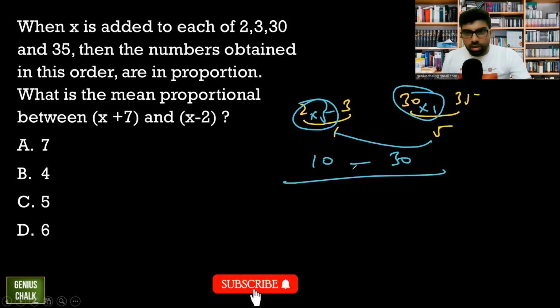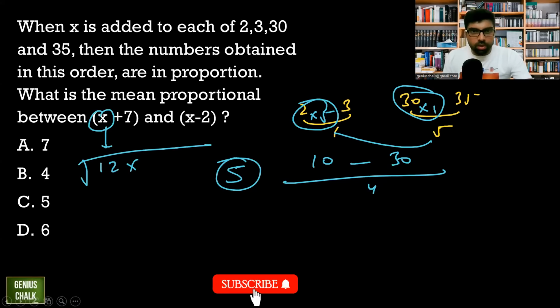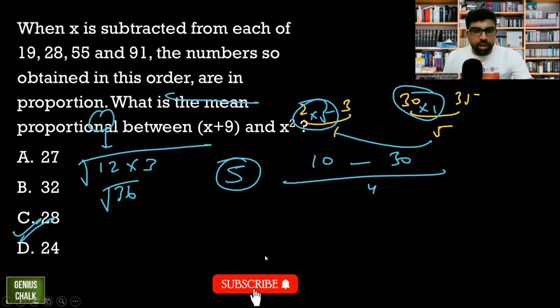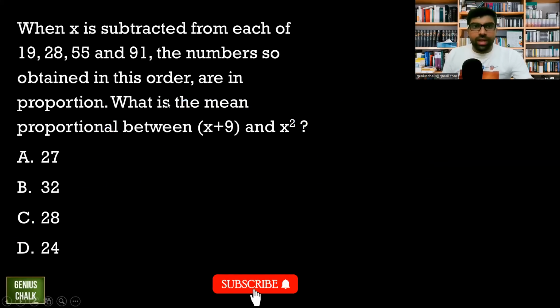What is the difference? It is 4. So 20 by 4, it's 5. So X value is 5. 5 plus 7, 12. Root, mean proportional you have to find. 5 minus 2, 3. So 12 into 3 is 36, whose square root is 6. That is option D.